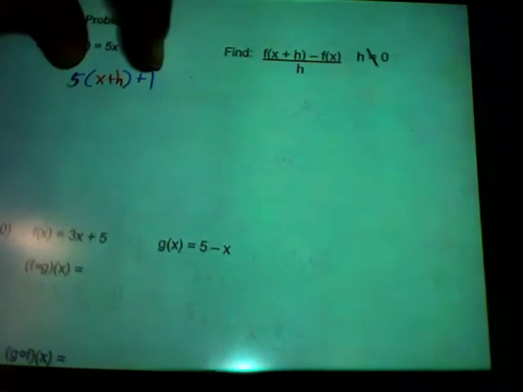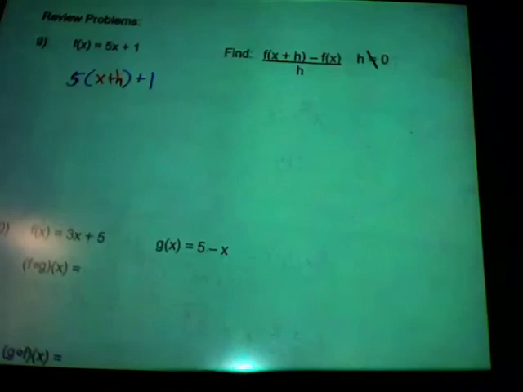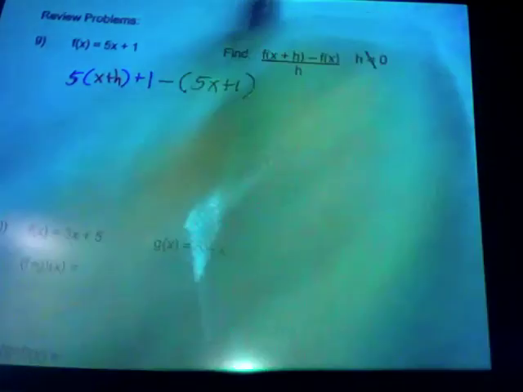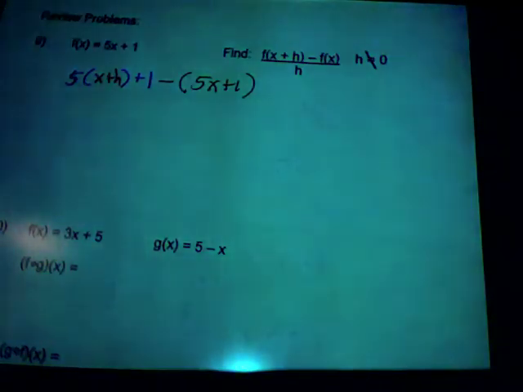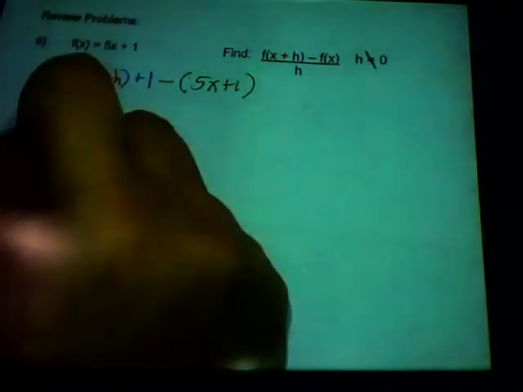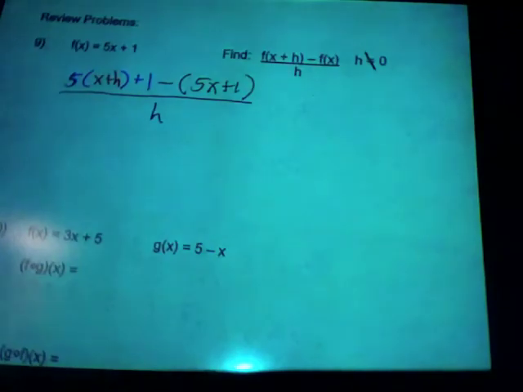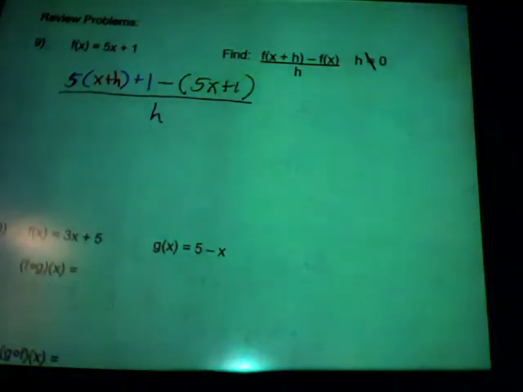Then minus f of x. So I've got to put that in parentheses because f of x is 5x plus 1. That's the original function. And then all over h. So this is a more simple one.